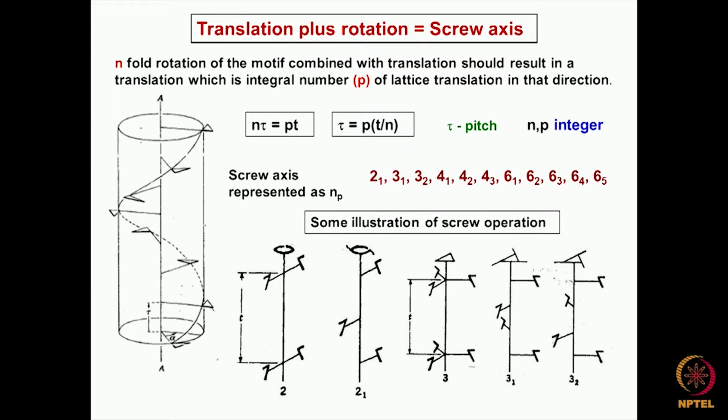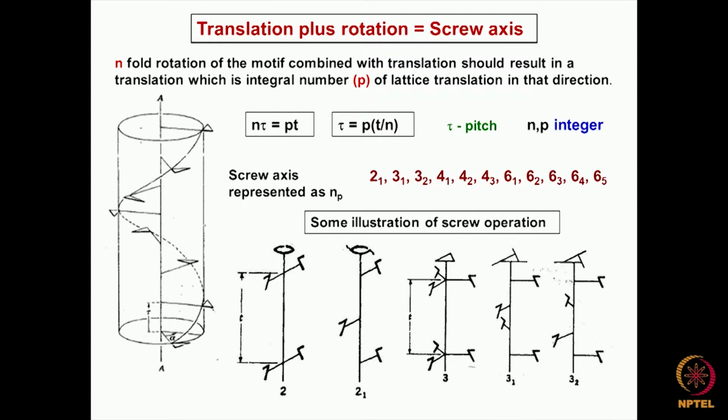And along this axis there is a 6-fold rotation. If it were just a 6-fold rotation, all the motifs would have been placed around this direction itself.